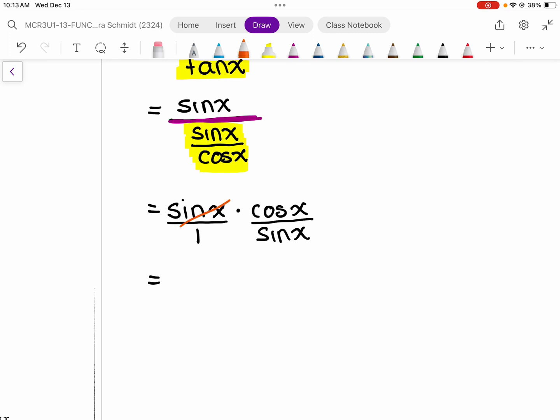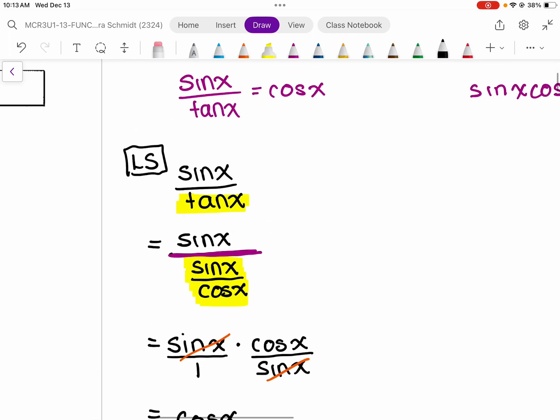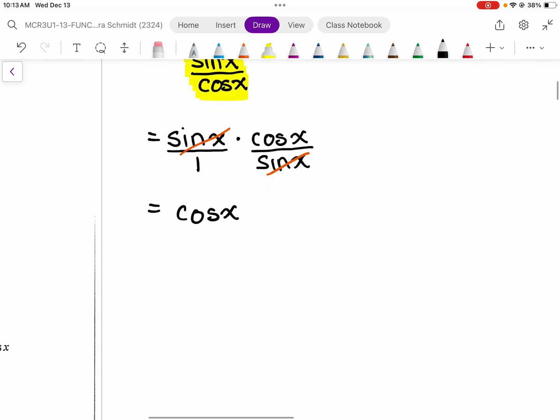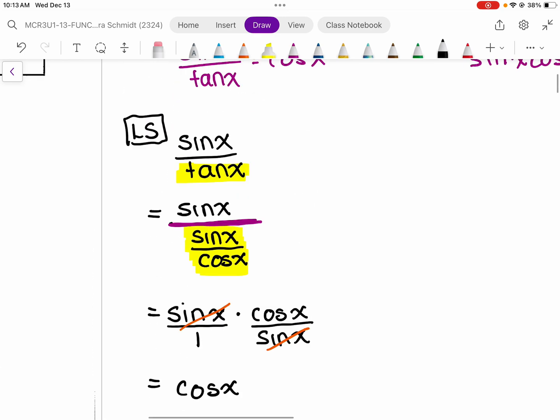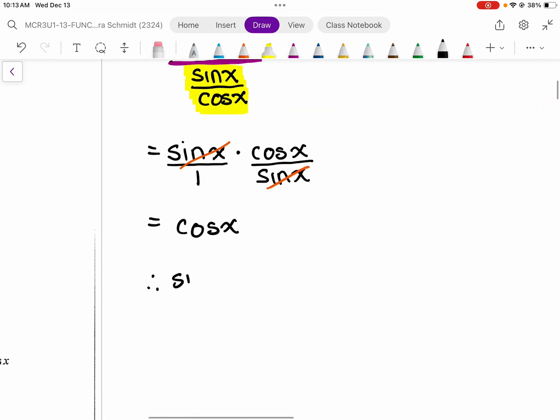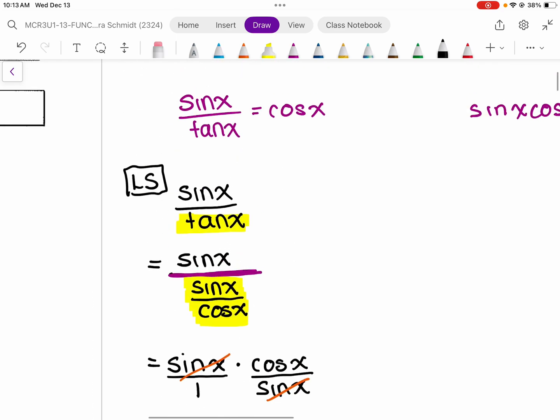So I can actually cancel out my sine x's, leaving me with just cos x over 1 or just cos x. And that is what my right side equals. So therefore, sine x over tan x is equal to cos x, because our left side is equal to our right side.